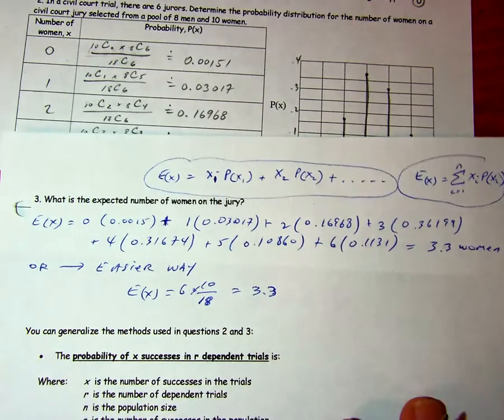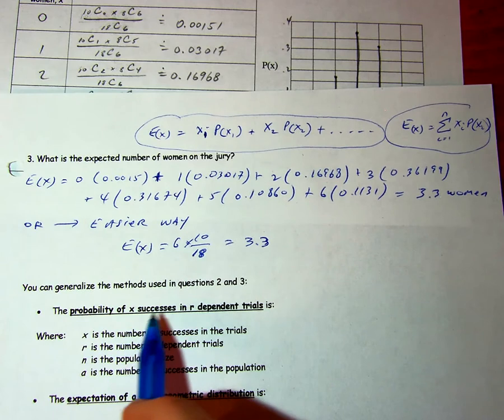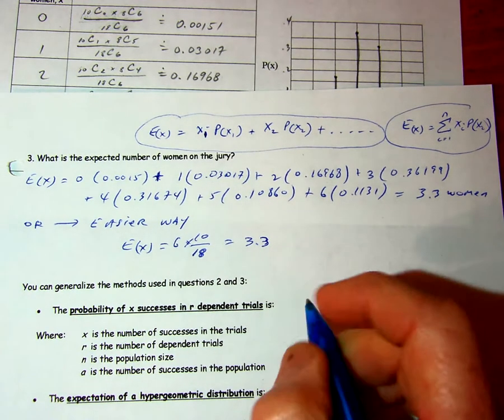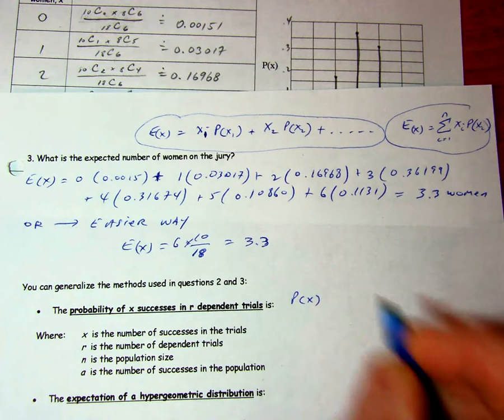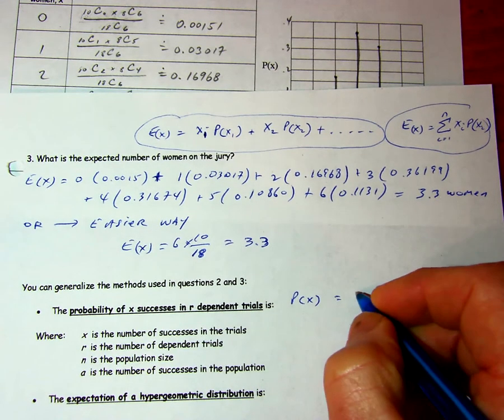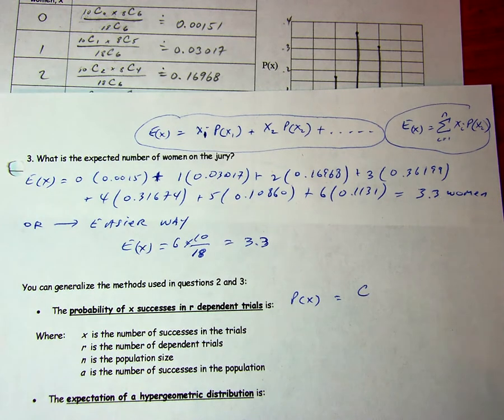So let's generalize the formulas. The probability of X successes in R dependent trials is a combination. We selected initially the number of women.